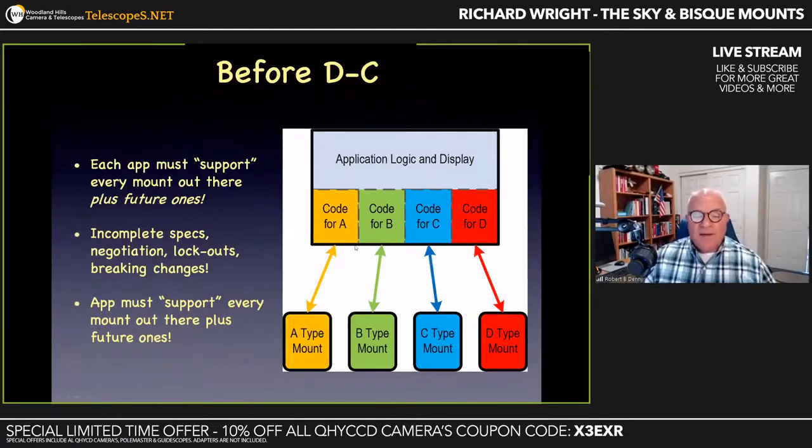Before driver-client, and this is where you really want to try to zero in on this, a particular program would have to write their code to support each one. In this case, we'll say this is a planetarium. That planetarium would contain special code for each of the types of mounts that it supported. So you remember the old days, does your program support the Wiebelfetzer 62 mount?